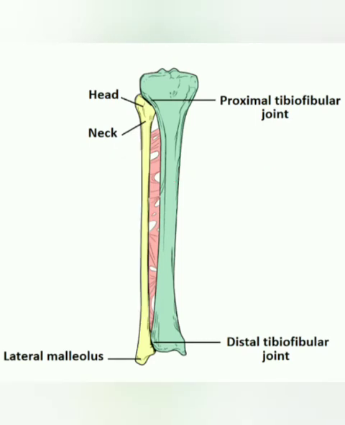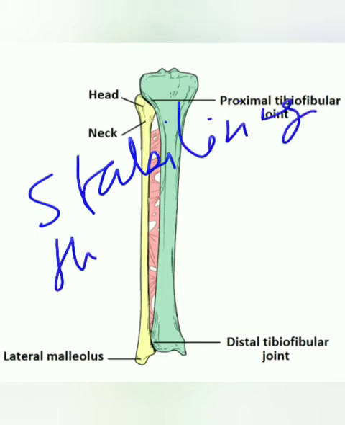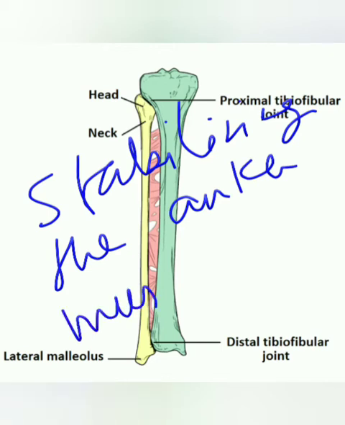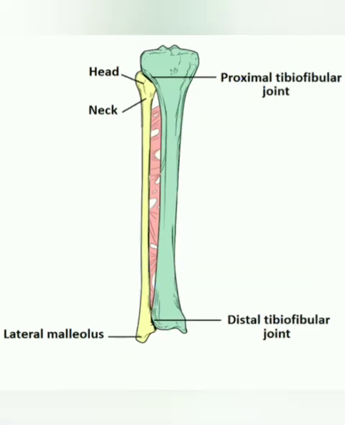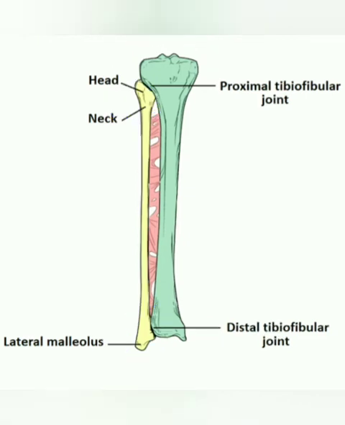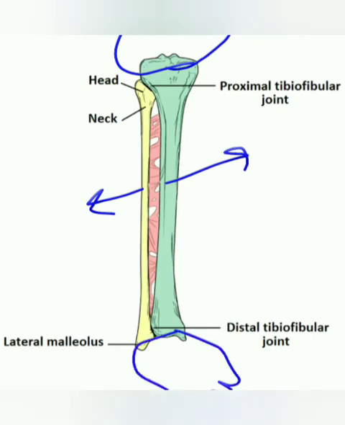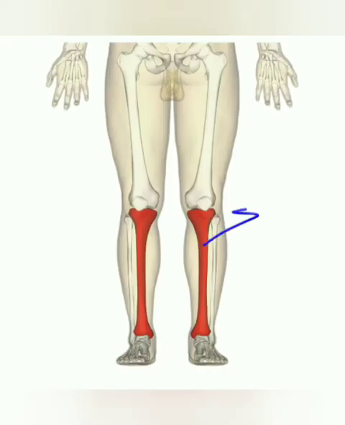It plays a significant role in stabilizing the ankle and supporting the muscles of lower legs. Again, it also has two extremities and one shaft. So this tibia and fibula join together at the knee at one end and with the ankle joint at the other end.